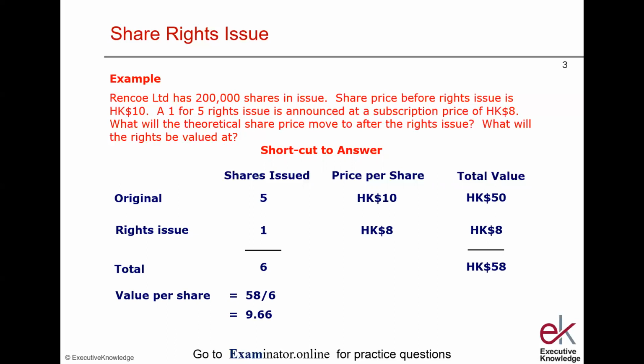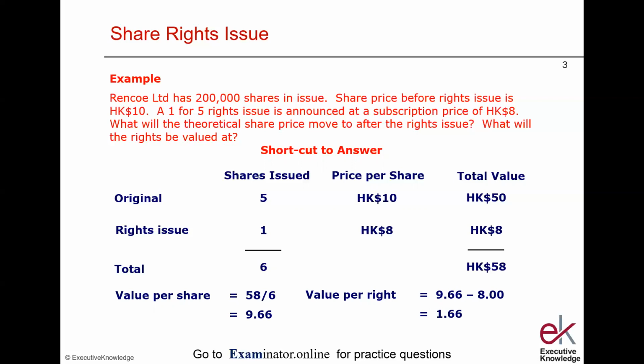So as I say, you don't write out all the narrative. You just put down 5, put down 10, multiply, you get 50. You then write down 1 on your scrap piece of paper, multiplied by 8, gives you $8, and then you do the calculation. No need to write out the narrative, as I say. And then to complete the question, the value per right, as before, $9.66 minus 8, giving $1.66.